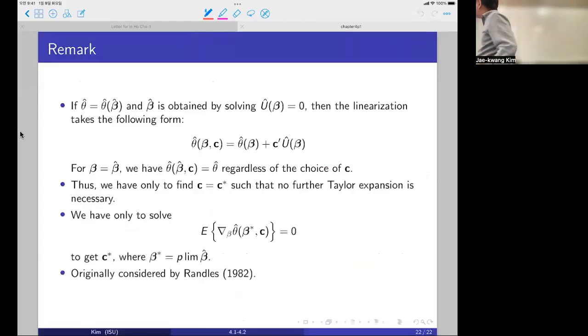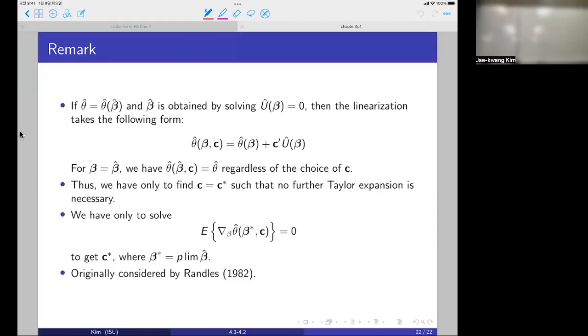And for this, Brender has come up with a very smart idea. He considered this kind of class, because we know the answer already: the linearization should be of this form. You only have to figure out what the correct C is. The idea is that if this is a true linearization, then you cannot linearize further because it's already linearized.